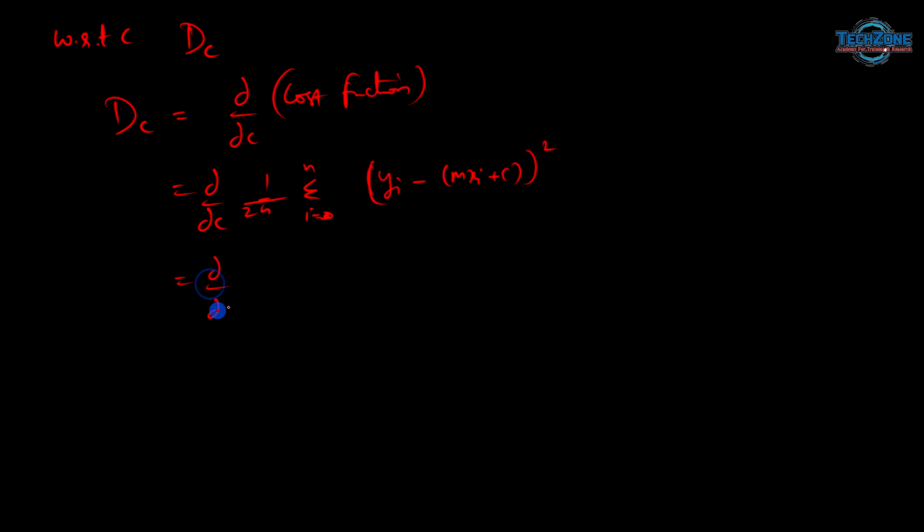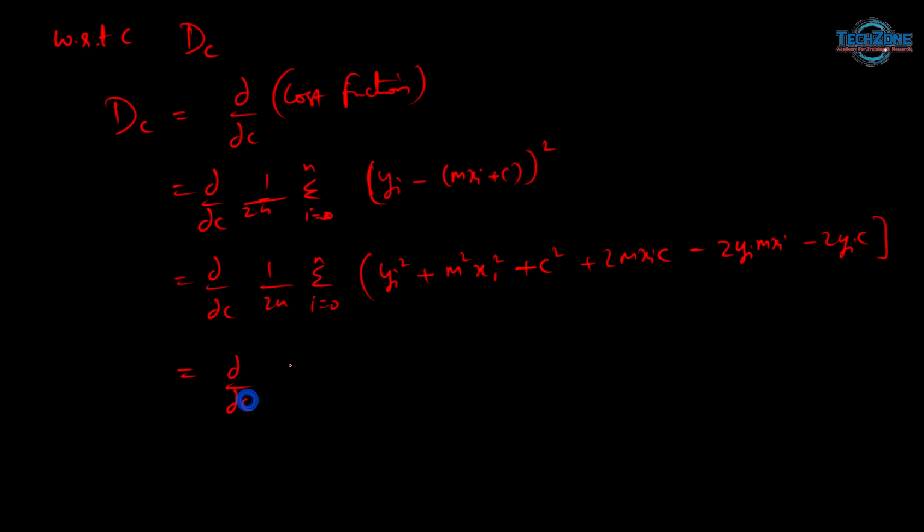And we squared that. So 1 by 2n sigma i equals 0 to n, and expand this: yi square plus mxi square plus c square plus 2mxic minus 2yimxi minus 2yic. This is the expansion.